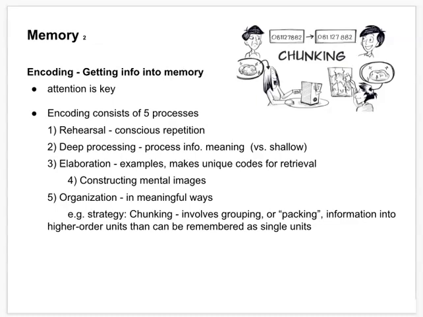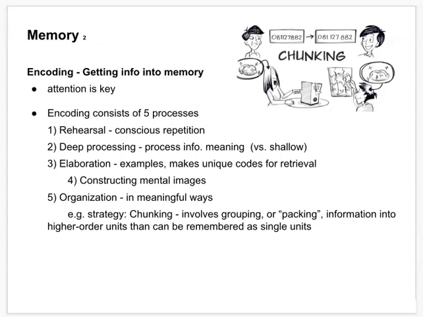Versus intermediate, where you might start to think about it at a slightly deeper level, give a little bit of meaning to some of the pieces in there, or rhyme words, just give it a little bit more than just reading over. And then deep processing would be taking the theory and analyzing it and coming up with examples of the individual pieces. So you're really looking into what the meaning of that theory is and what its implications are and how you can use it. Okay, so that's shallow versus deep processing.